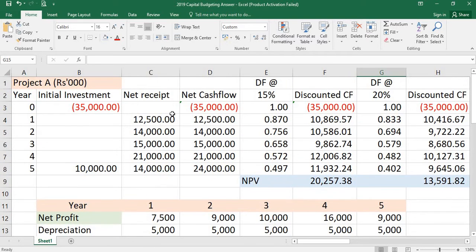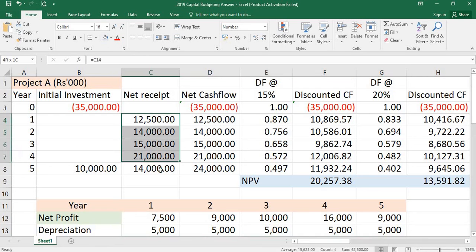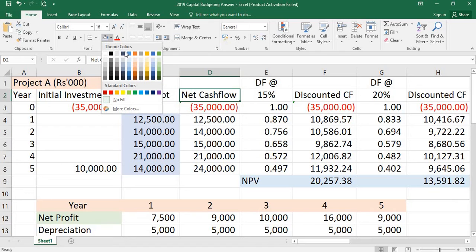So what I will do, I'll paste all this net receipt here, in the same color. Now you can identify the net cash flow.